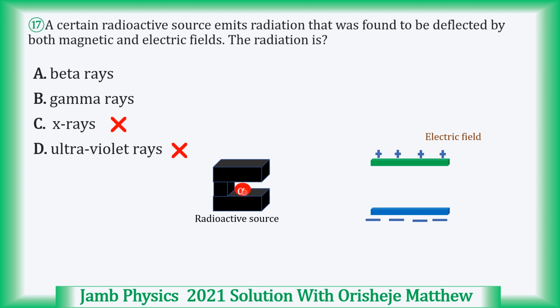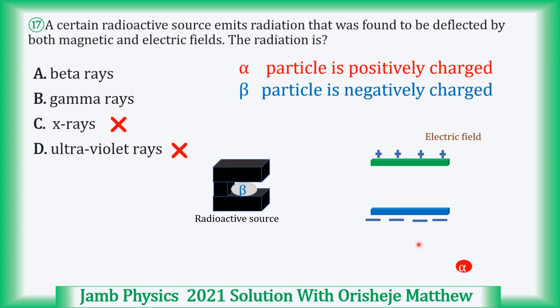Then you have alpha particles inside the radioactive source, inside the shield. Alpha particle is positively charged, so it will be attracted to the negative plate, so it is deflected towards the negative plate. That is for alpha particle. The law of electrostatics is that a positive charge is attracted to a negative charge. Okay, so let's look at the next one.